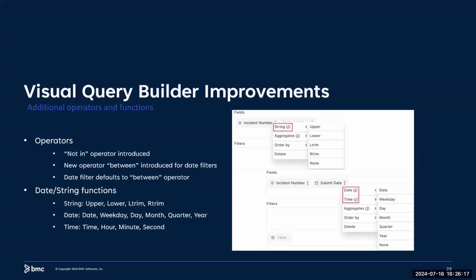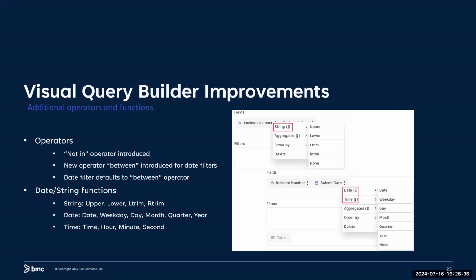Certain operators like not in have been introduced. There's a new operator called between that you will find useful for date filters, when you want to filter on dates within a certain range.